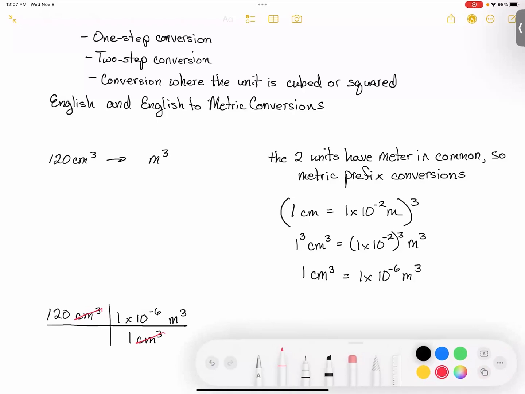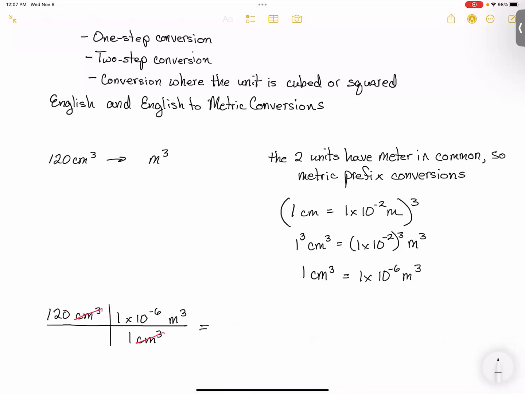And now I'm ready to perform this calculation, and I get an answer of 1.2 times 10 to the negative 4 meters cubed.